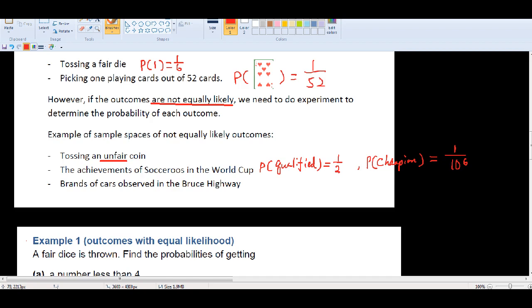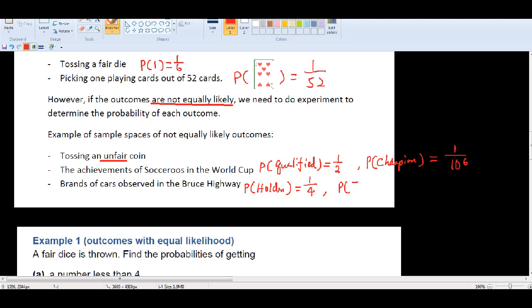So that's what we call not equally likely outcomes. Another example: brands of cars seen on the Bruce Highway. If you see a Holden, the probability is quite high, possibly 1 out of 4 cars.